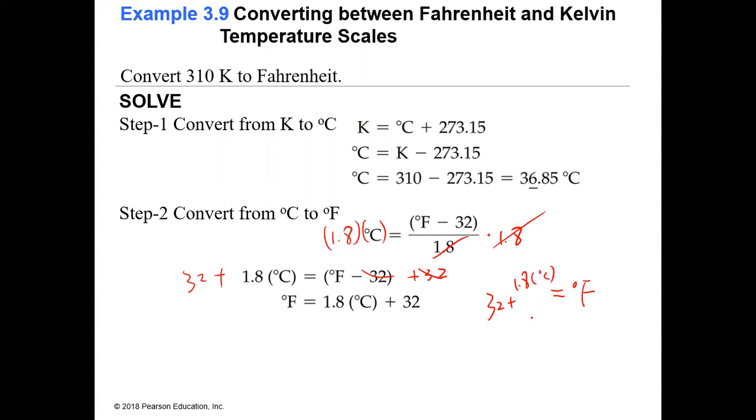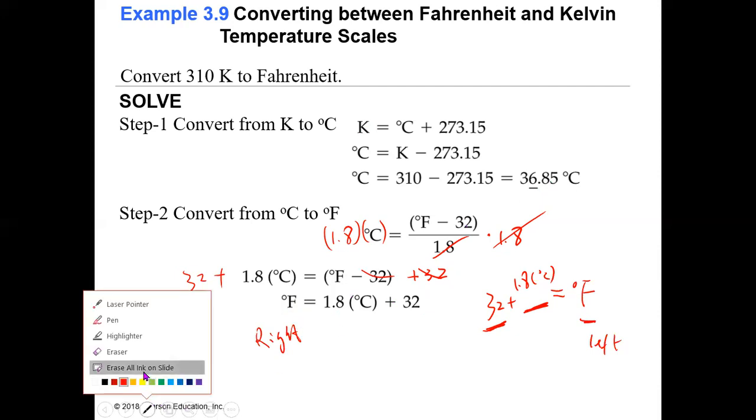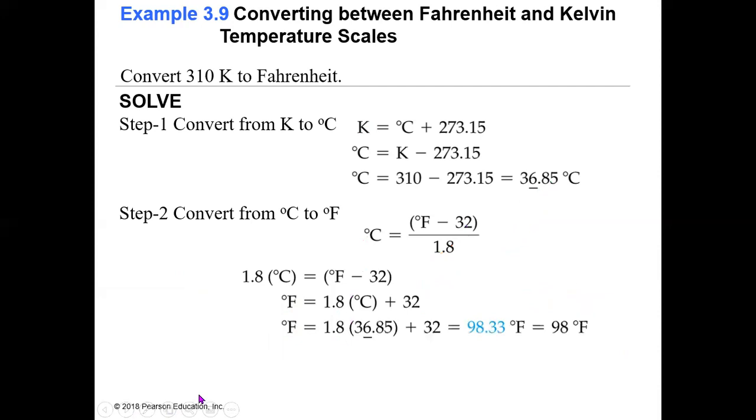You can write this on the left side or on the right side; the order of the two terms doesn't matter. So for our final answer, we put the Fahrenheit on the left and write 1.8 times Celsius first and then 32, but it doesn't matter. Now we are ready to plug in the Celsius we got from step 1, and we get the Fahrenheit. Keeping the right number of significant figures, we get 98.